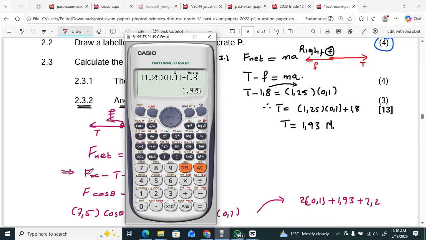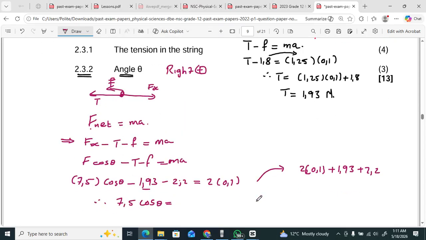We take 2 into 0.1, then we add 1.93, then you add 2.2. This gives us 4.33, right? So 7.5 cos theta is equal to 4.33.